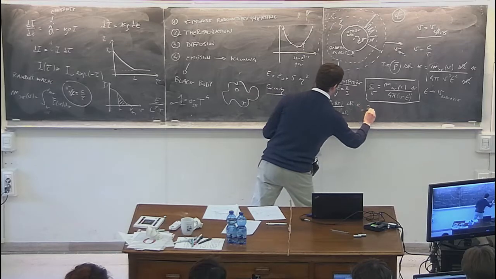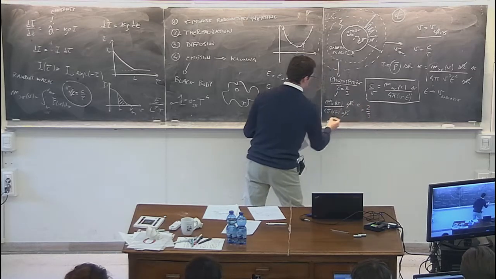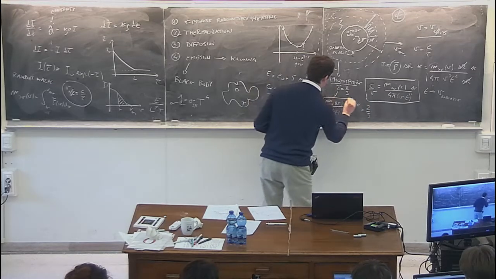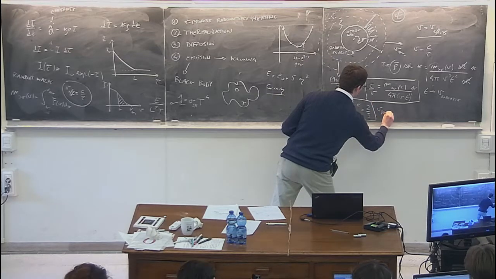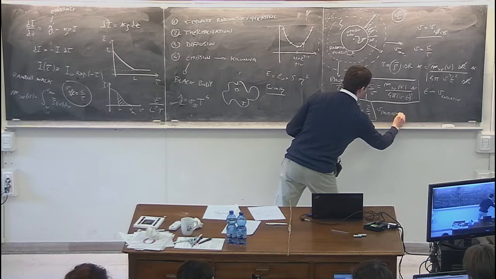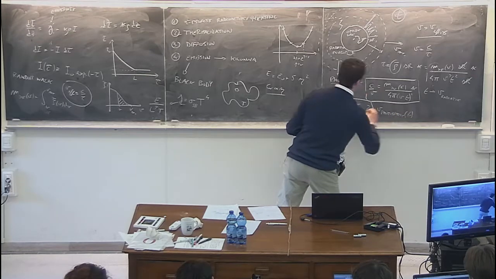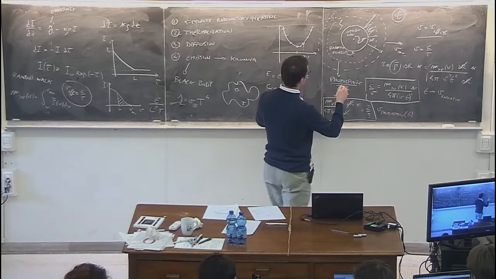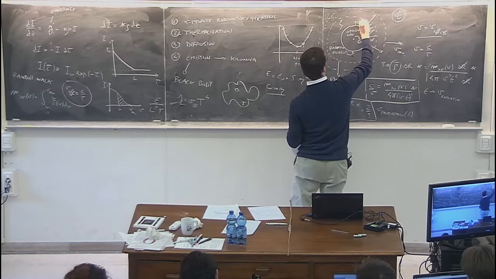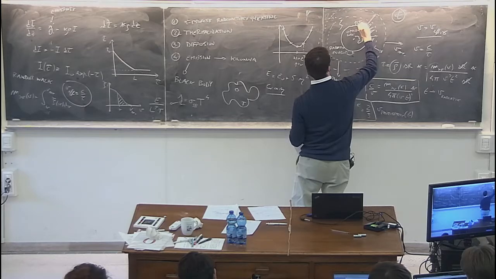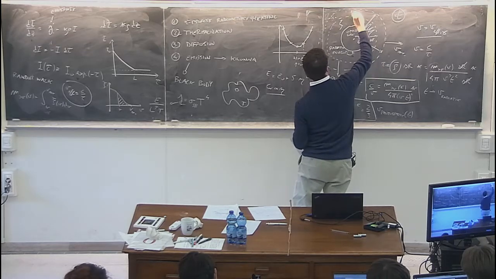I can always put it to 2/3. And this equation tells me what is the velocity of the photosphere at a given time t. So at a certain time, I can compute what is the velocity here, what is called v rad, and what is the velocity here, which is v phot.